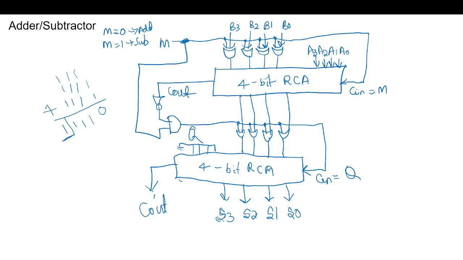When we are performing addition, we will be in this block only. So the carry out will be this C out, and this will be the result of the adder. We will perform this operation only when M is 1. So this circuit is clear. Any doubts in the adder subtractor module?